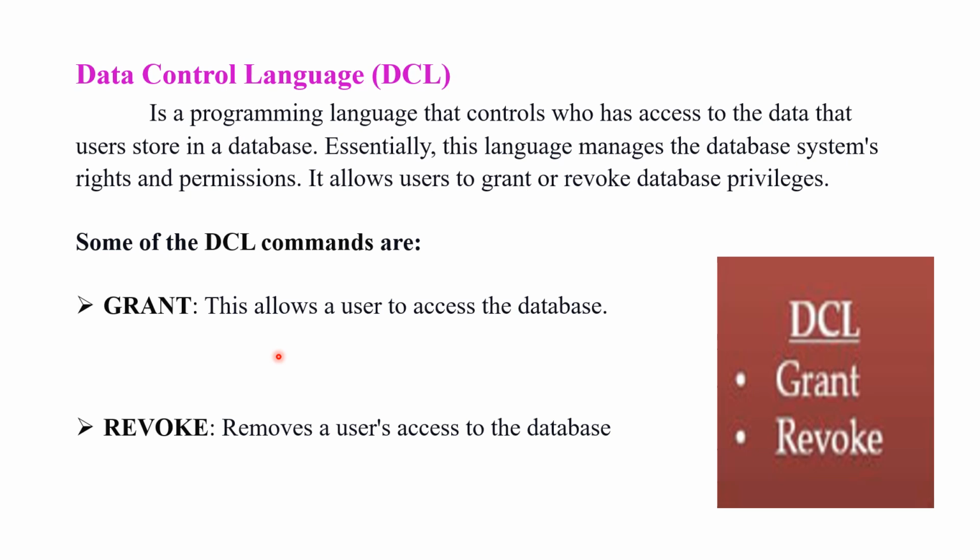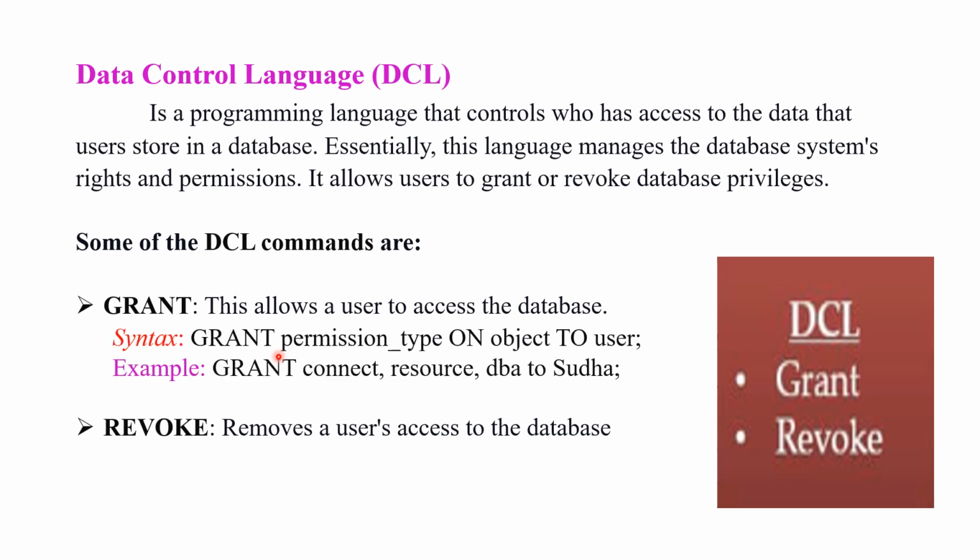So let us see the syntax for grant and revoke. The syntax for the grant command is grant permission type on object to user. Example, grant. Here we are giving the access for the database. Like we can connect to the database, we can add the resources, and as well as we are declaring the user as the database administrator.